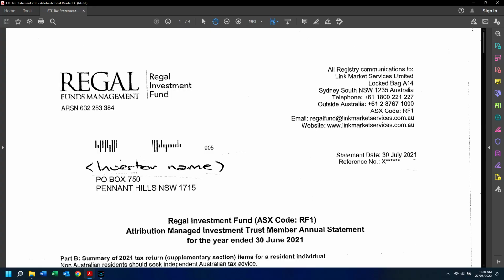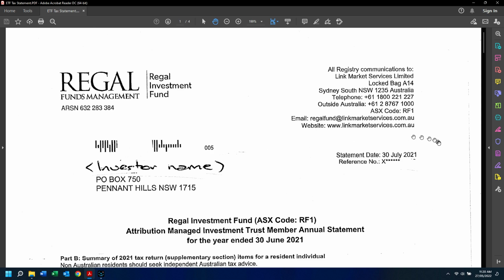So this tax statement is very necessary to explain what the tax elements are of the income entitlement. Now, I'm going to cut away to an image of a tax statement to assist you. We're going to walk through an example of an actual distribution statement for 2021 that has been shared with me.